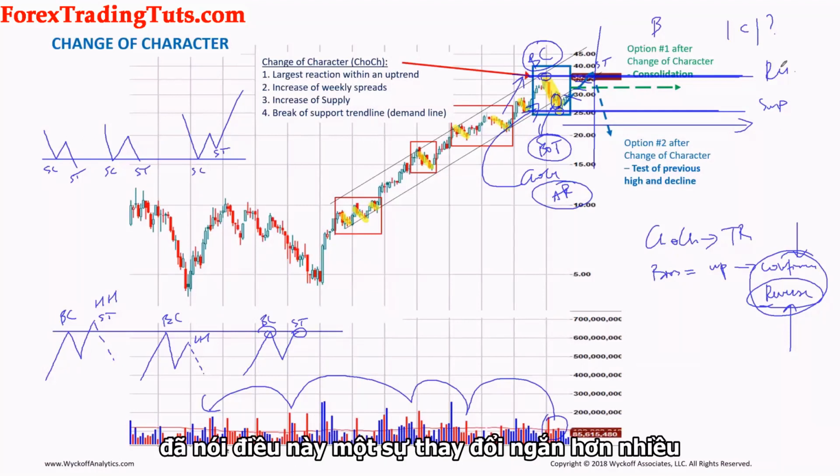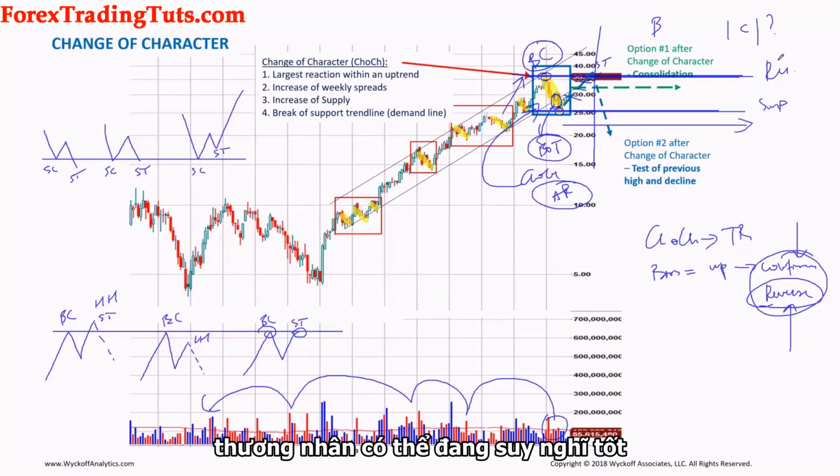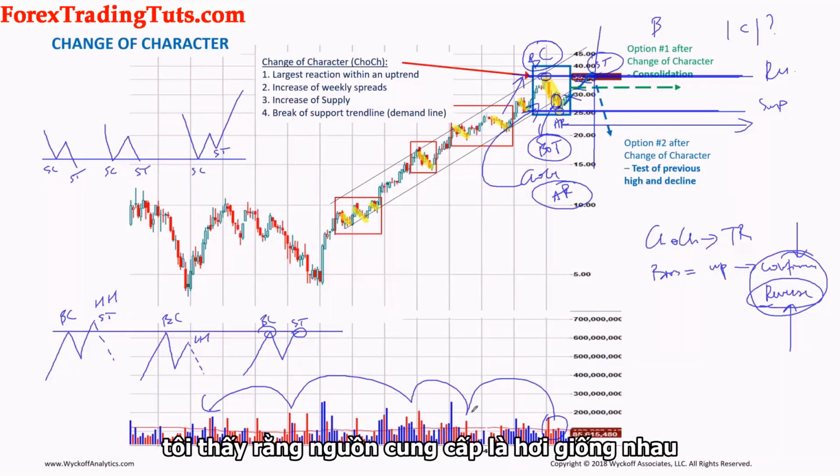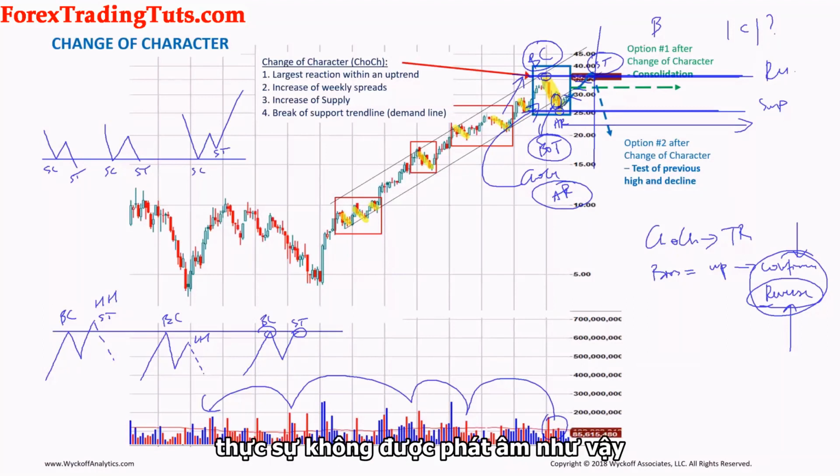Having said this, a much shorter-term swing trader might be thinking, okay, well, I see that we've experienced an automatic reaction. I'm looking for the secondary test. I see that supply is somewhat the same as at other spots, other reactions, and that the initial change of character actually was not that pronounced.